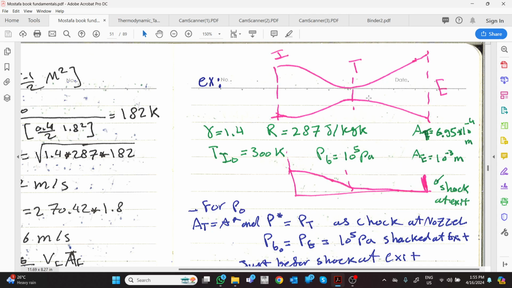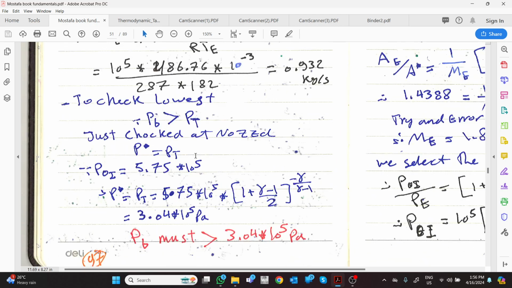Of course, if I reduce it more it will create supersonic, but I am talking about sonic speed. So if P throat just equals the back pressure, it is just sonic, which is happening here. So P throat should equal the back pressure.